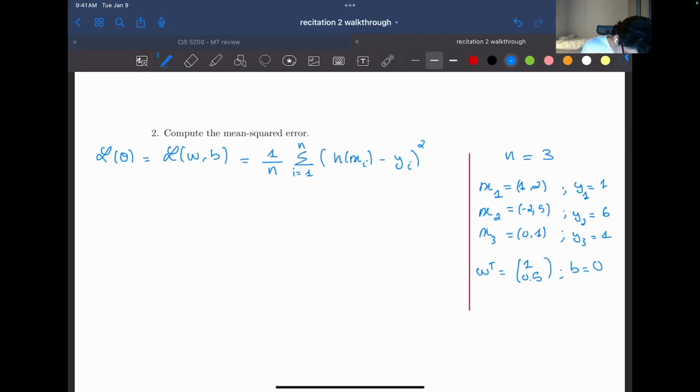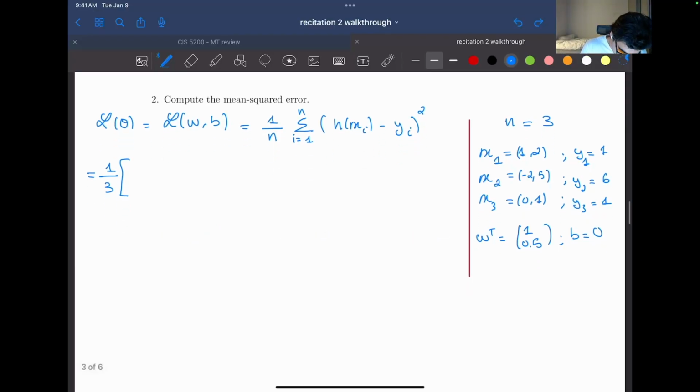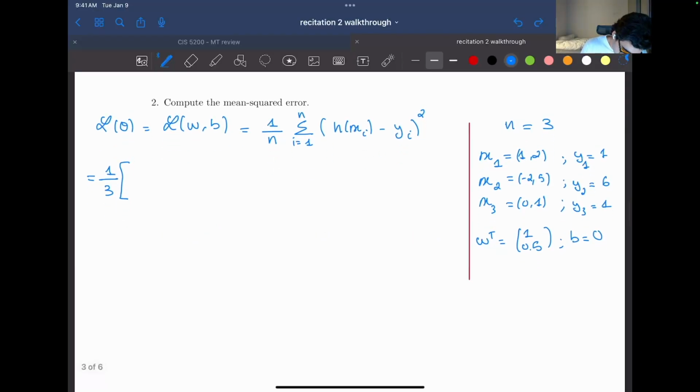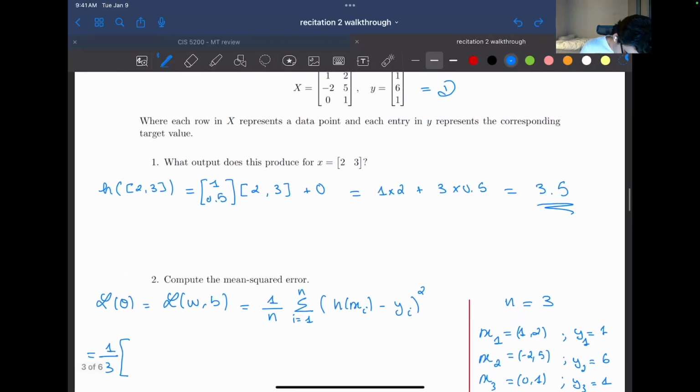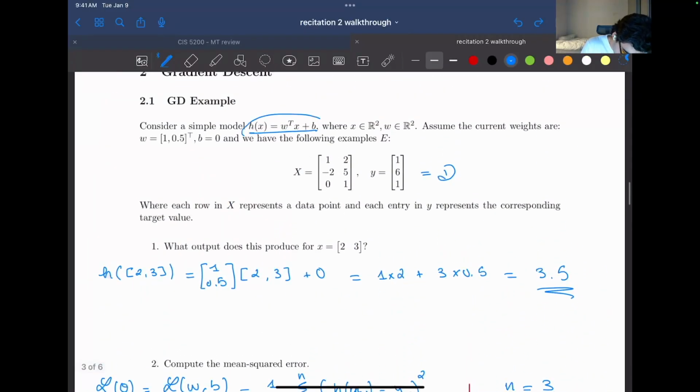Let's start by writing 1 over 3, and then let's write the whole sum in one go. We're going to need a big square bracket here, and then we're going to write 3 squared terms, and then we're going to expand everything. The first term is h of x1 minus y1 squared. What is h of x? It's this guy.